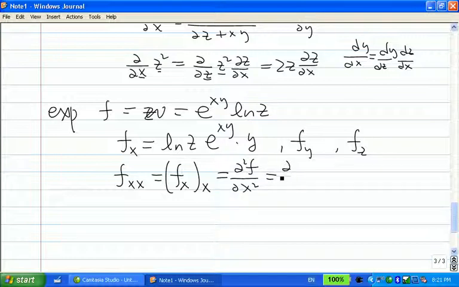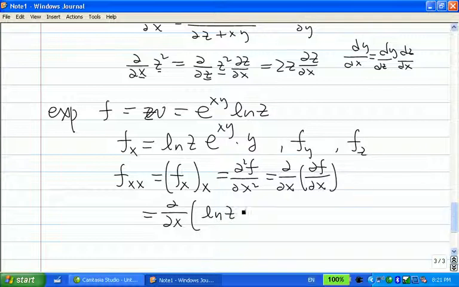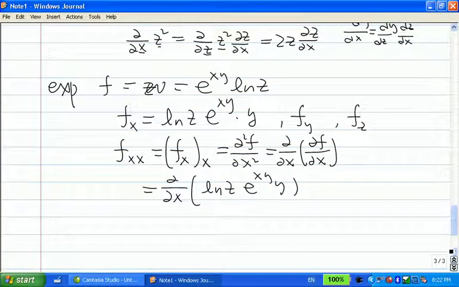This means you want to take a derivative with respect to x on the result of the first derivative with respect to x. So what is the partial f with respect to x? Which is ln z e to the xy y. Okay, just take a derivative again.